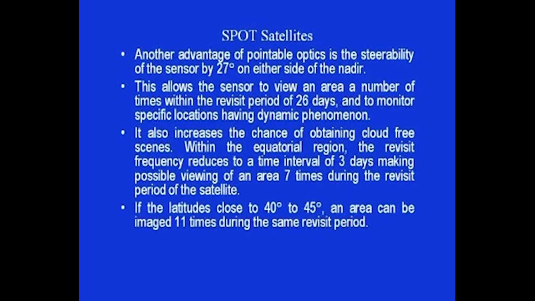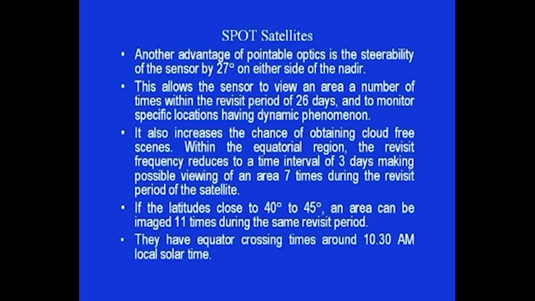At latitudes close to 40 to 45 degrees, an area can be imaged 11 times during the same revisit period. They have an equatorial crossing time of around 10:30 a.m. local solar time. Up till now, 5 SPOT satellites have been launched.